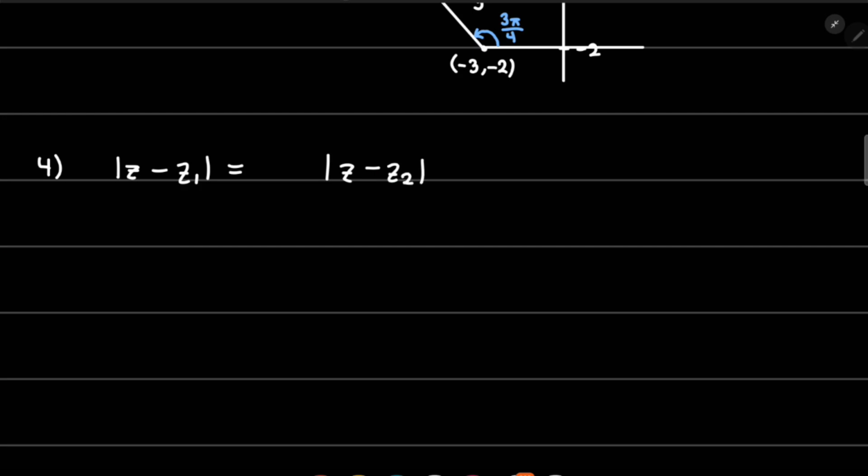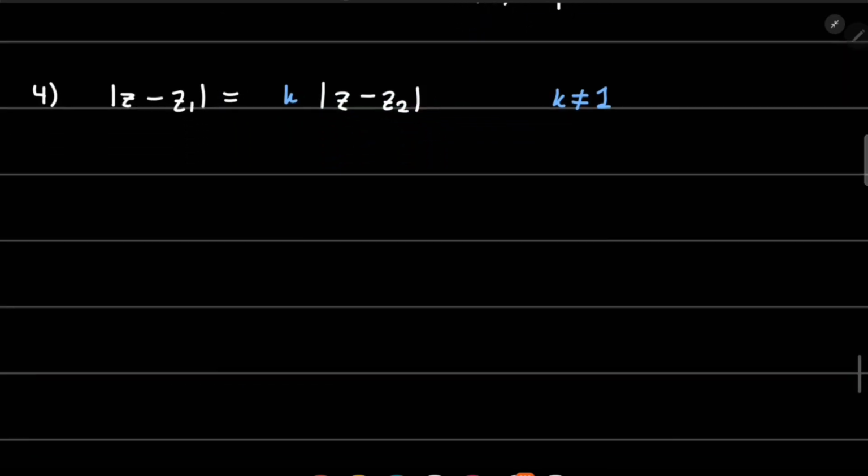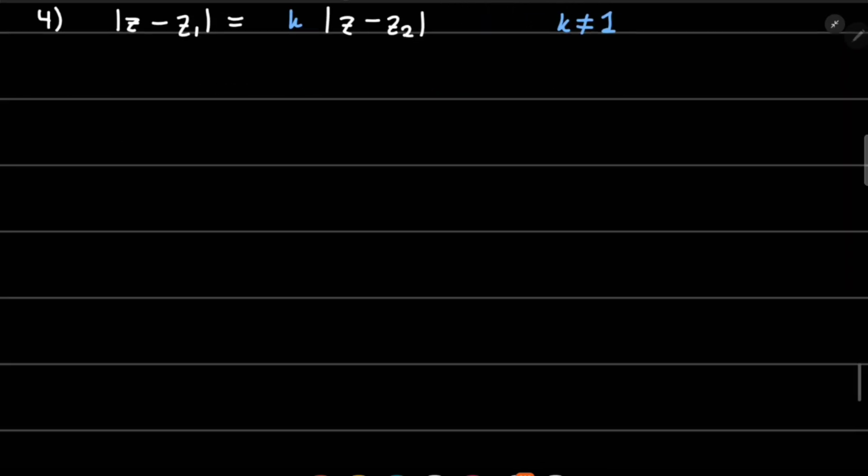The difference is you have a constant k in the front, and the rule is that the constant cannot be 1, because if it's 1 it just becomes a perpendicular bisector. So the value of k cannot be 1. Now I'll show an example to show why this is the case.